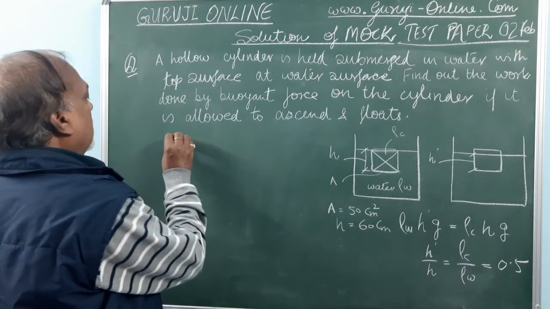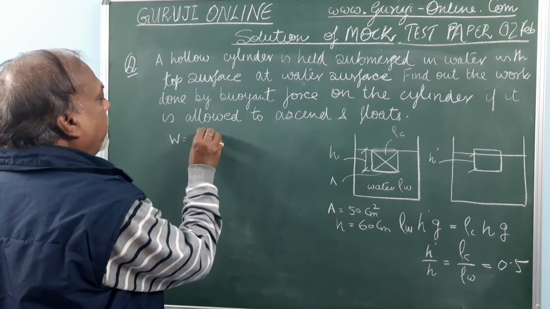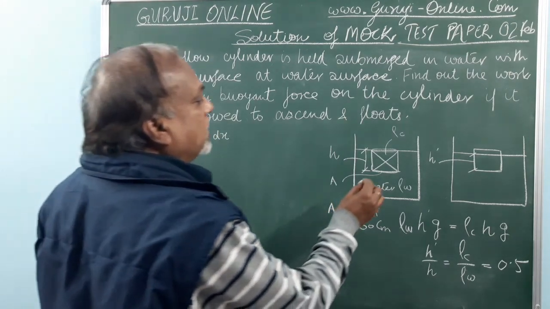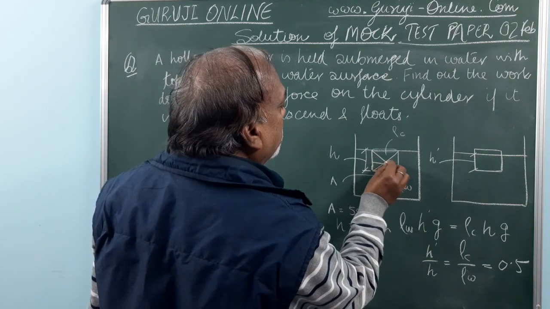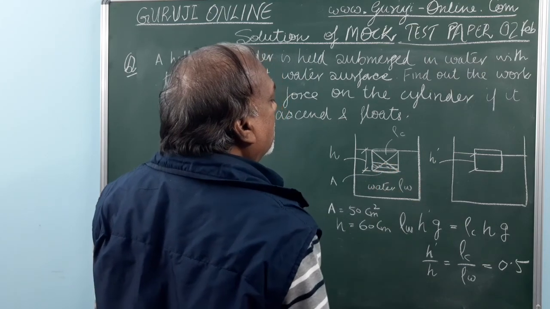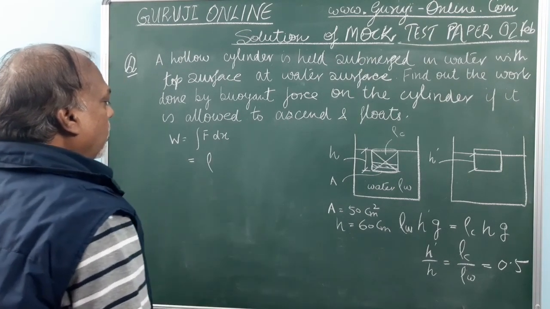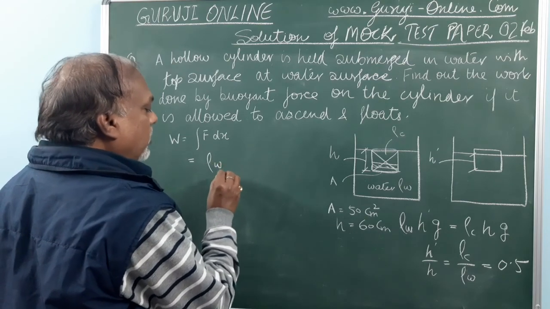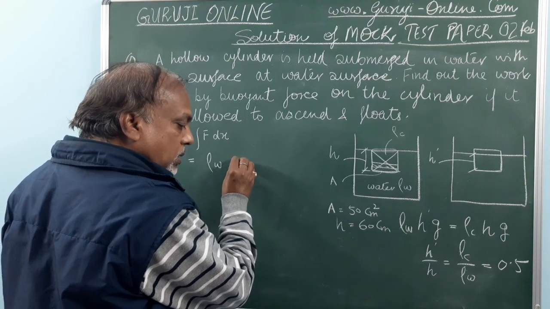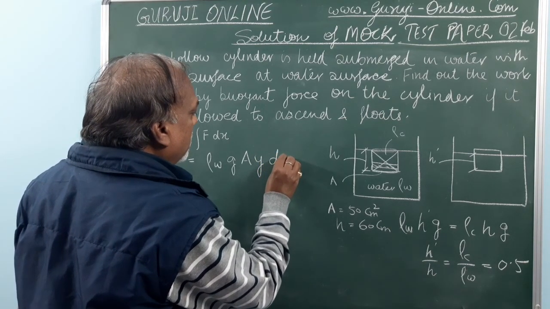So work done, we already know, is F into dx. Suppose we take a small strip of water, then this will be nothing but rho W into G A Y into dy.